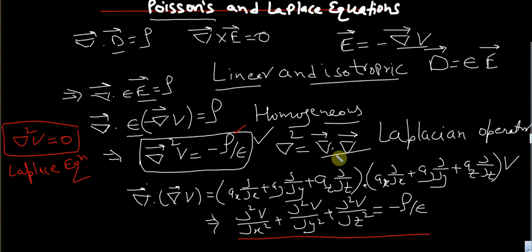So don't confuse this: the del square operator is called the Laplacian operator, this equation is the Poisson equation, and if rho is 0 in a particular medium or region, then del square V is equal to 0.